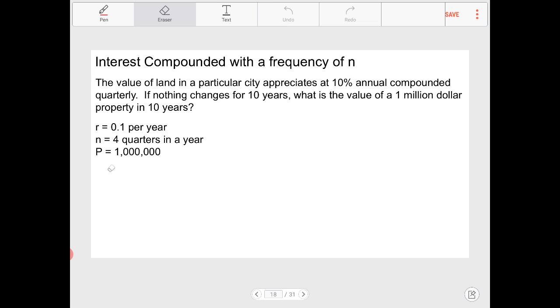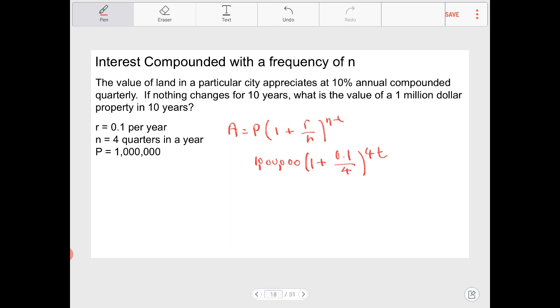So if I make the appropriate substitution into this equation, I have $1 million times (1 plus 0.1 over 4) to the 4t. What am I going to substitute in for t? I'm going to substitute in 5.